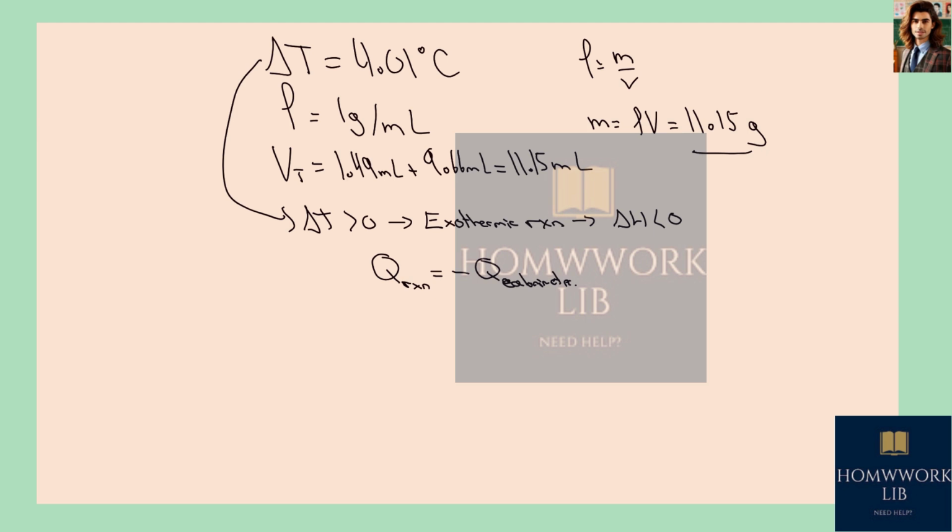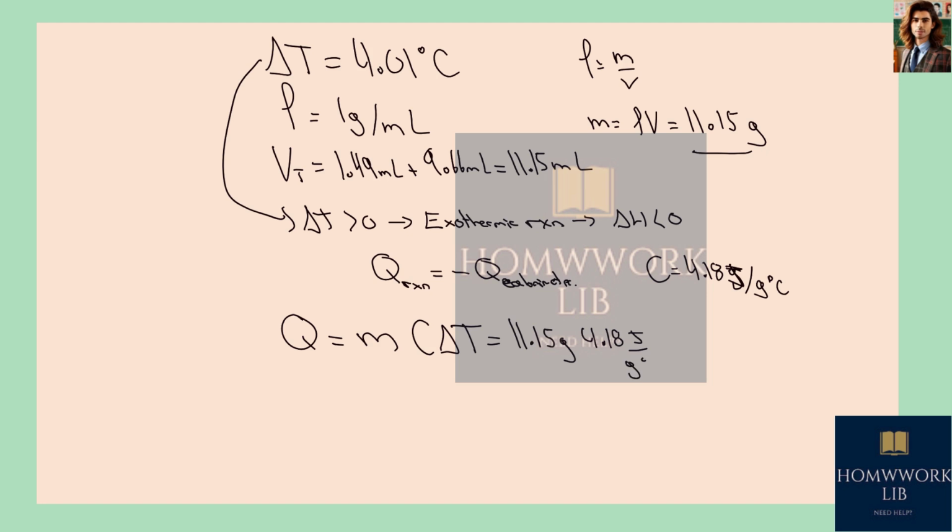So let's calculate the heat of the calorimeter that we have. We know the value for delta T. We know the amount of mass. So mc delta T, in this case, is 115 grams times C. The value for C is equal to 4.18 joules per gram degree Celsius.